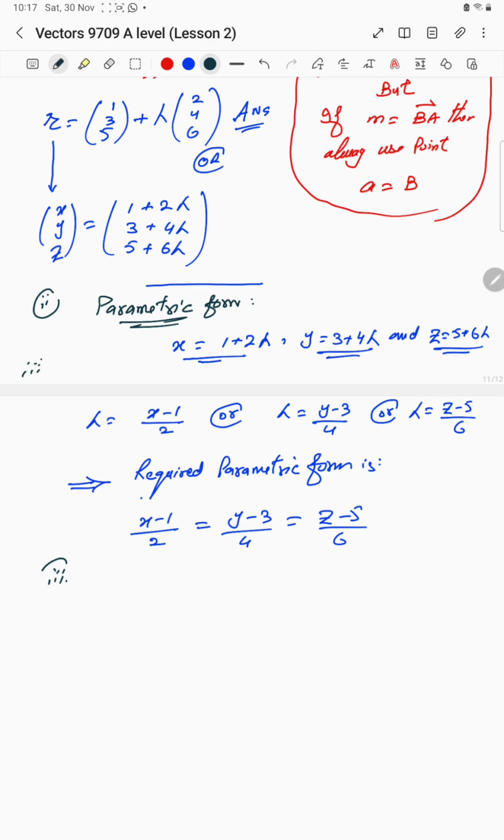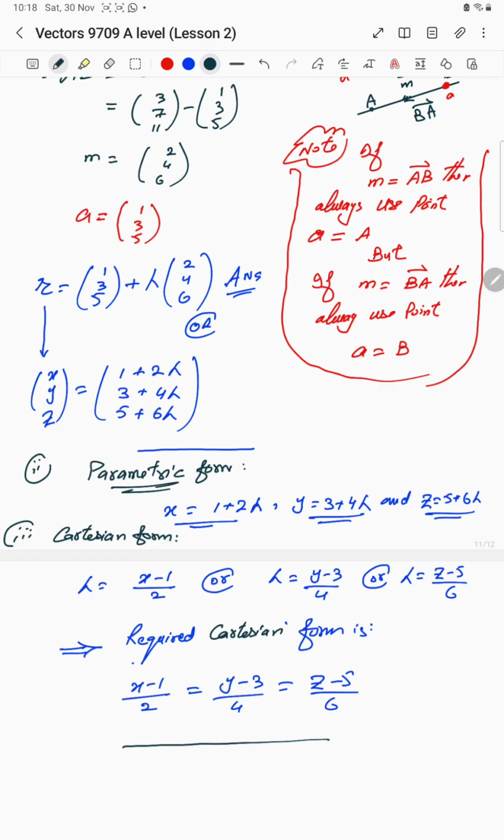Sorry, the Cartesian form is in terms of x, y, z, and this is the required Cartesian form. The parametric form we just need to write in terms of lambda, and that's here, and the Cartesian form is this. I hope it is clear.